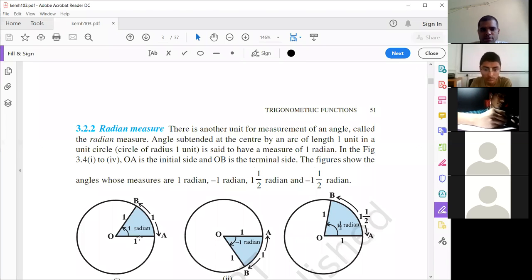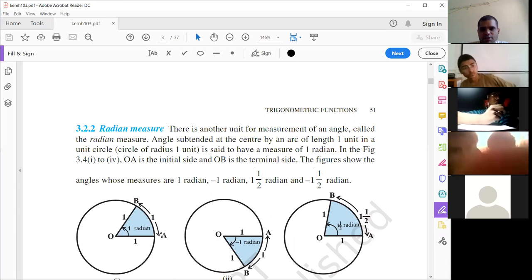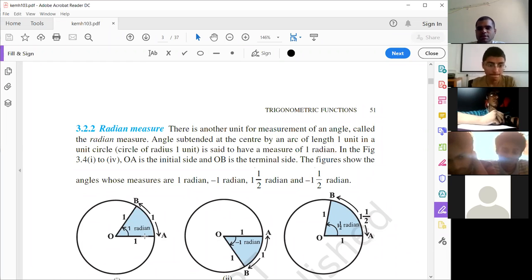I'm repeating. If we take a circle of radius 1 unit and we take an arc of length 1 unit, so the angle which the arc subtends at the center is called 1 radian. Is it clear?